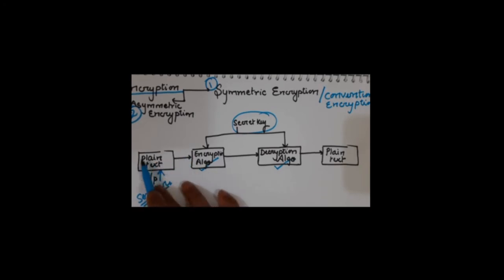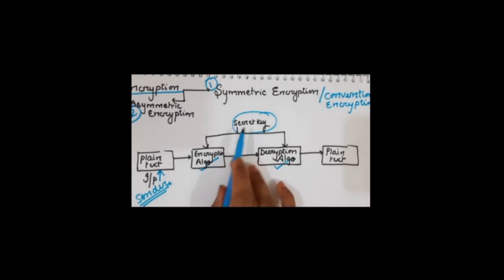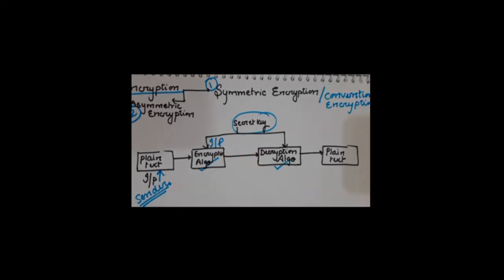Encryption will first convert this plain text into ciphertext, by using the encryption algorithm. The plain text will serve as an input to the encryption algorithm. Along with the plain text, there will also be a secret key serving as input to the encryption algorithm. Now this encryption algorithm will convert the plain text into ciphertext.